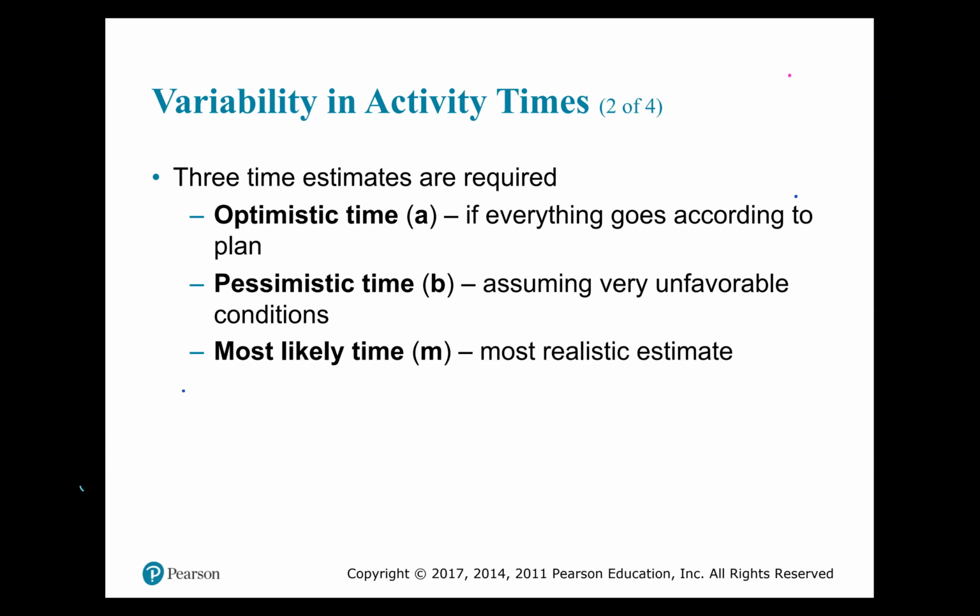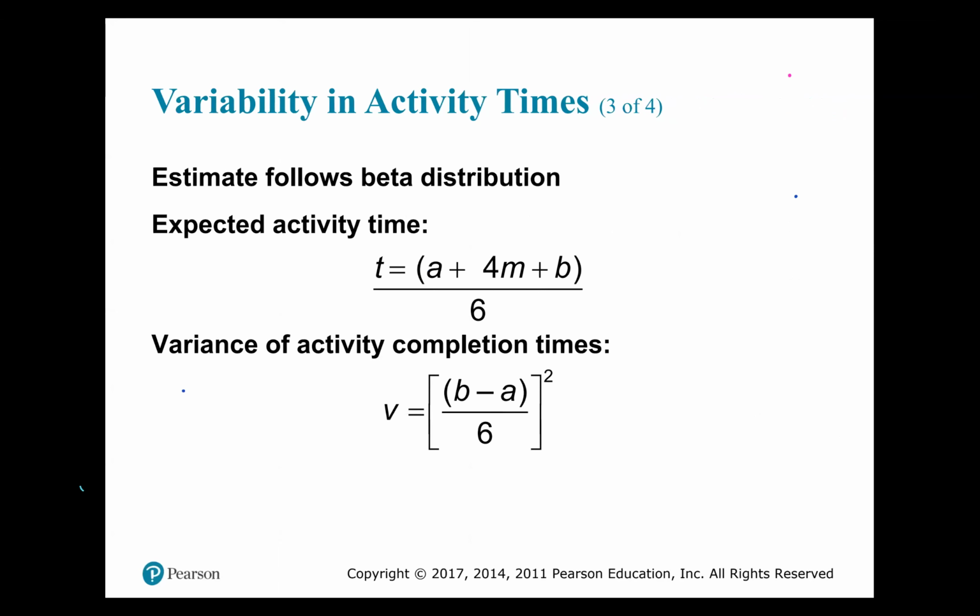Usually the most likely time falls in between the optimistic, which is at one end, and the pessimistic, which is at the other end. So note the shortcut letters: A for optimistic, B for pessimistic, and M for most likely, because you know how we love a short form, right? Now we say that the estimate follows the beta distribution.